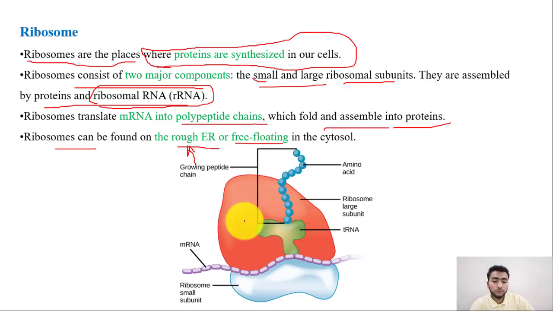This diagram shows the structure of a ribosome, and it shows that it's composed of a large subunit that you see in pink, a small subunit that's sky blue or green, and then there's a green colored tRNA, which is a transfer RNA molecule. This is the ribosomal large subunit.